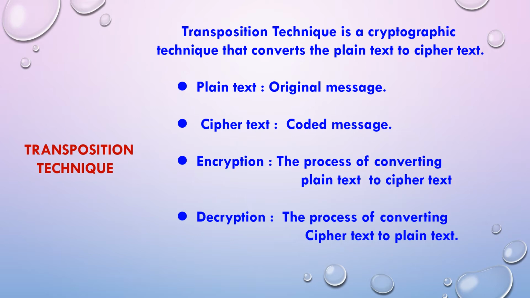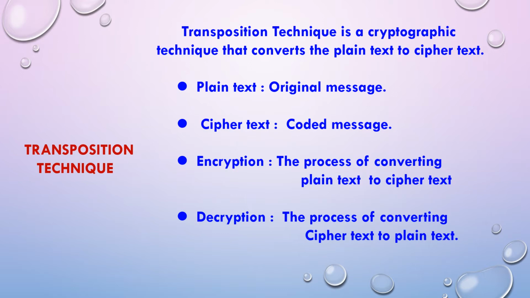The next one is the ciphertext. The encrypted version of the plain text is the ciphertext. So the sender sends the message as an encrypted message. After receiving the encrypted message, the receiver has to decrypt it. Then only the receiver gets the original message.